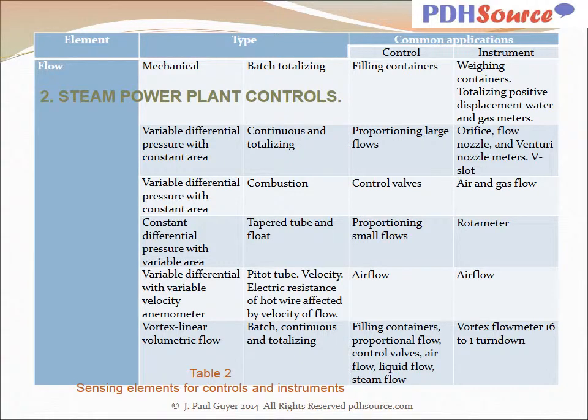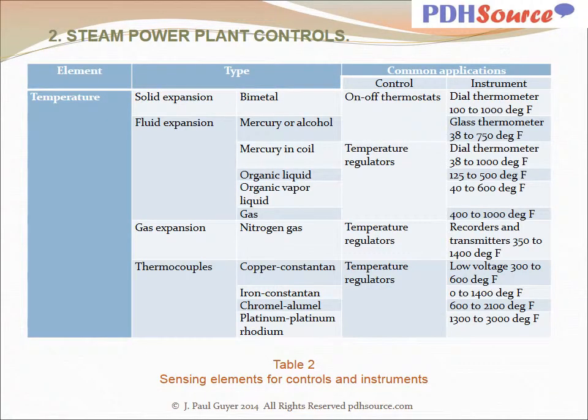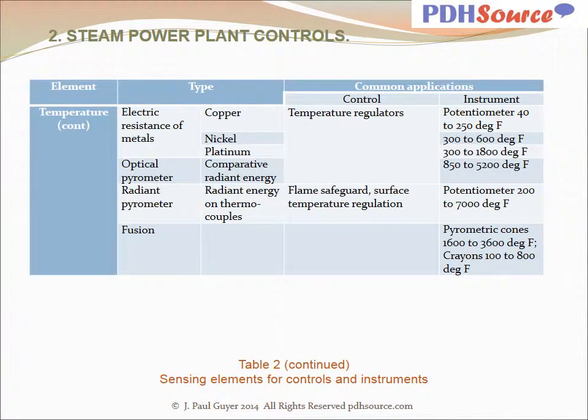Table 2 indicates sensing elements for controls and instruments. First, the flow sensing elements are indicated on this slide. On this slide, Table 2 continues, and the temperature sensing elements are indicated. Table 2 continues, and the temperature sensing elements are indicated on this slide.